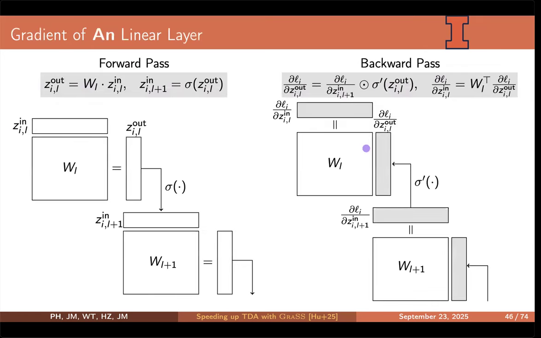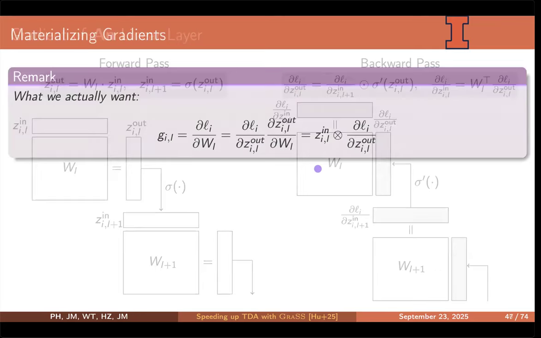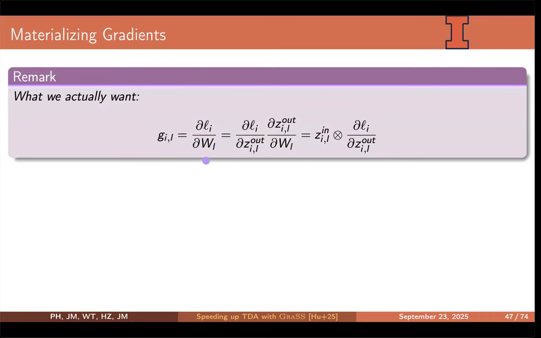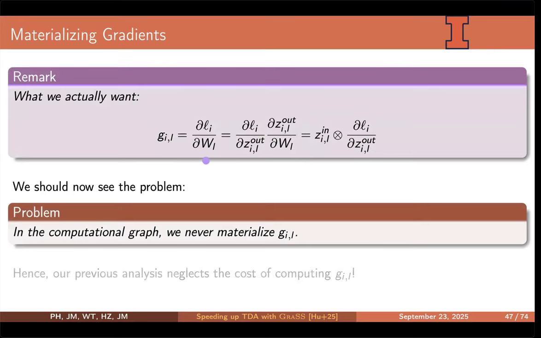In the previous figure, we materialize and store these in the forward pass, and in the backward pass we store these as well. But we never actually materialize the gradient with respect to the model parameter. Hence, our previous analysis completely neglects the cost of computing GRL, that is, computing this tensor product.